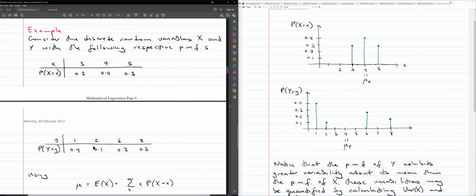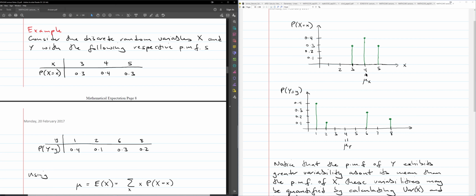The possible values that y could take would be 1, 2, 6, and 8, right? And these are further away from the mean than in the case of x. So the dispersion, the spread about the mean for y is greater than the spread for x.